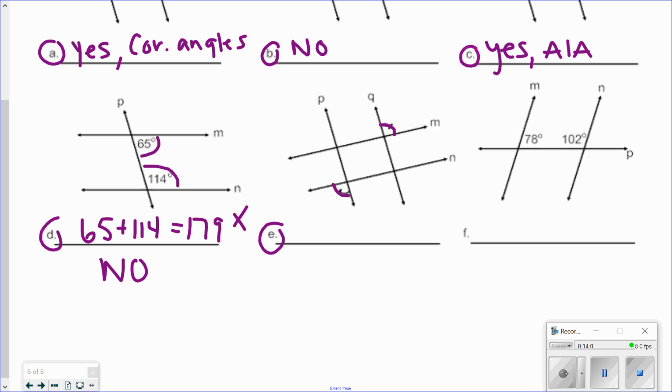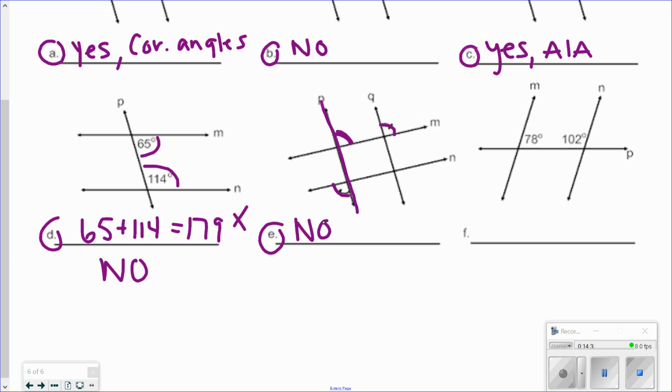If I look at one of these transversals, so line P would be a transversal, we'd have to know this angle right here to be able to say, and even though these look like they'd be corresponding, we don't know that they're exactly the same because we don't know that they're parallel. So we can't say that those are actually the same measure. So this is no, just because we do not have enough information.